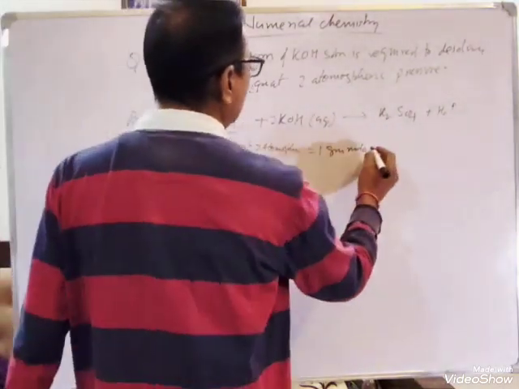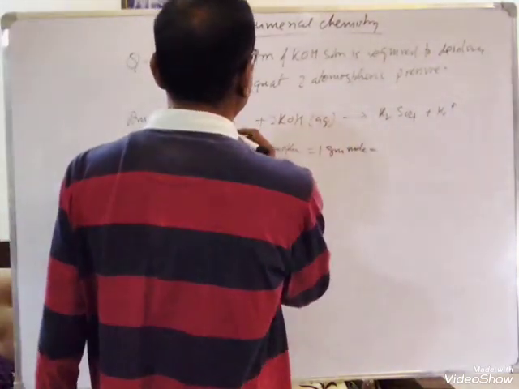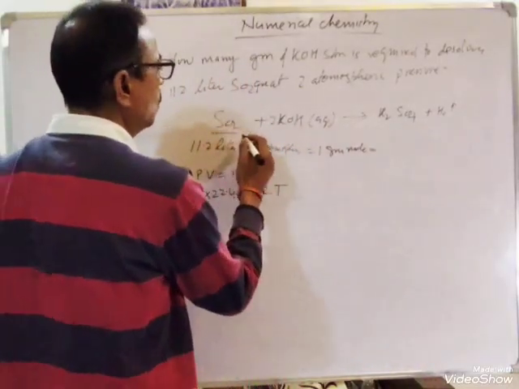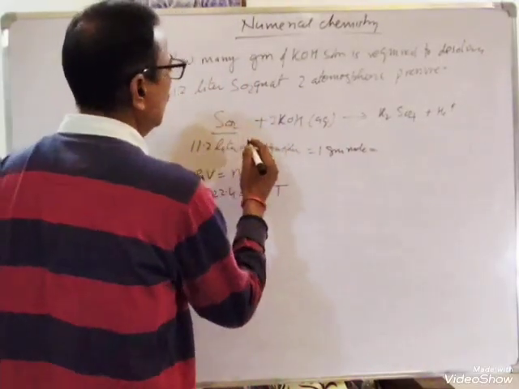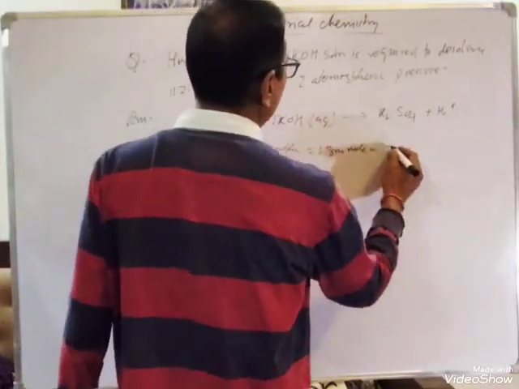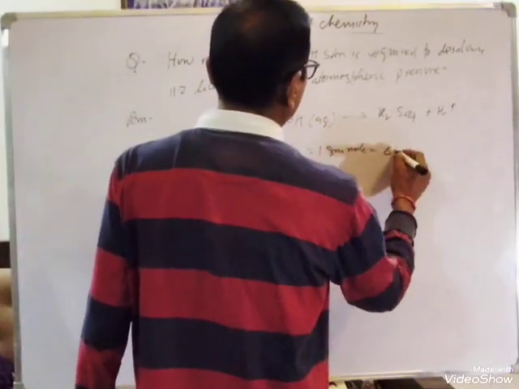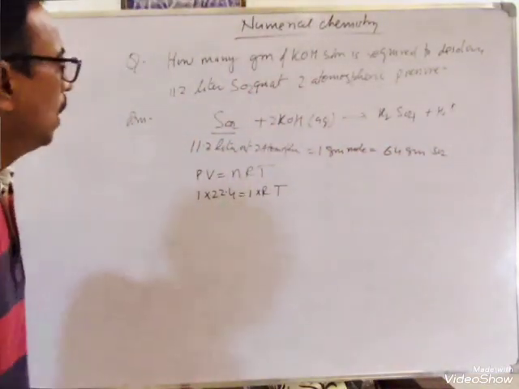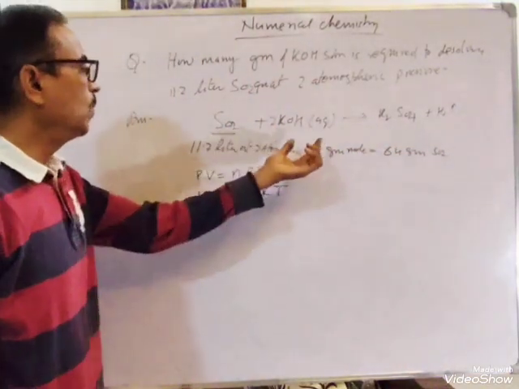How many grams is 1 gram mole of SO2? It is 64 gram of SO2.